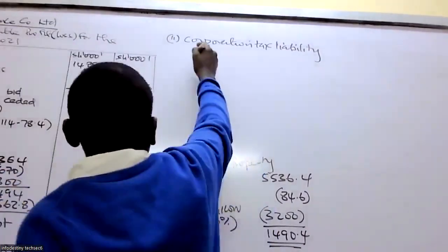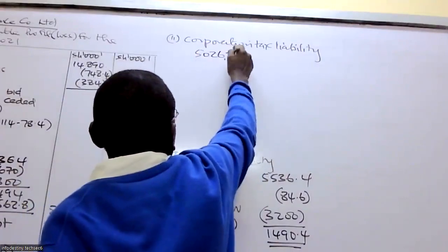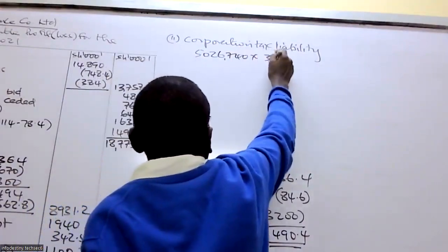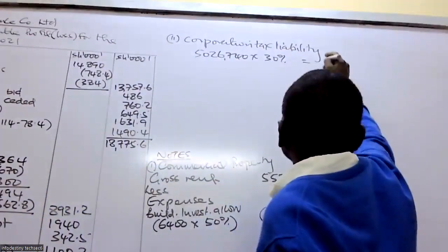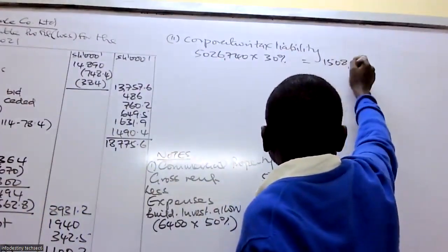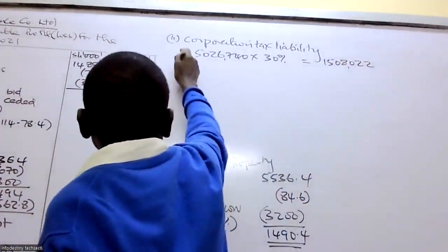So this is 5,026.74. Multiply by 30%, you get 1508.022. Then you lessen withholding tax.